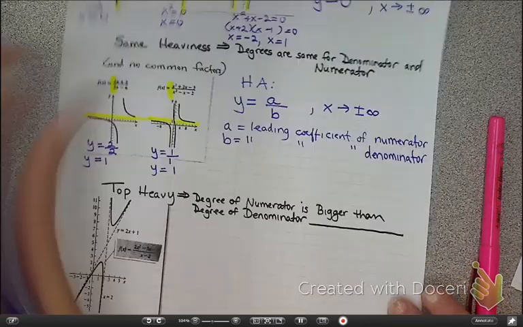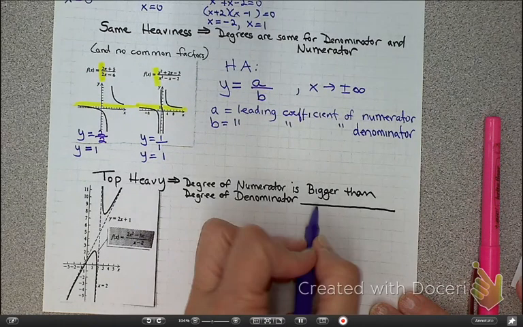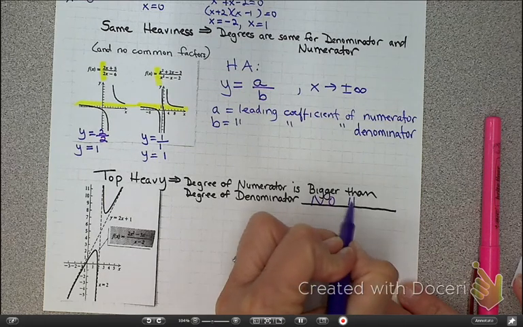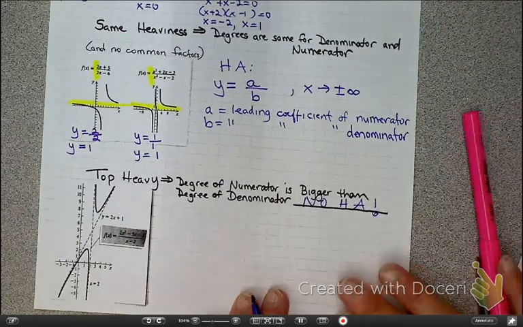Okay, so now what happens when the degree of the numerator is bigger than the degree of the denominator? And we said here that there is no horizontal asymptote. There isn't one. Okay? But here's the deal.